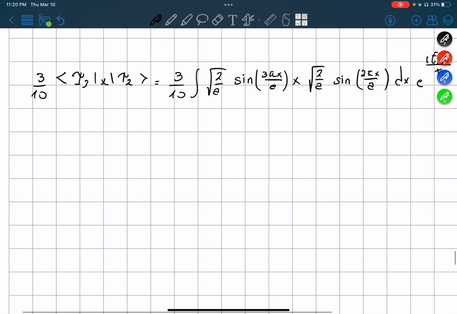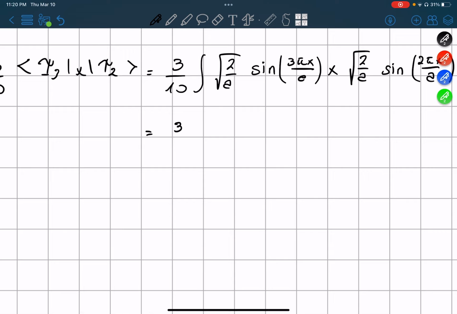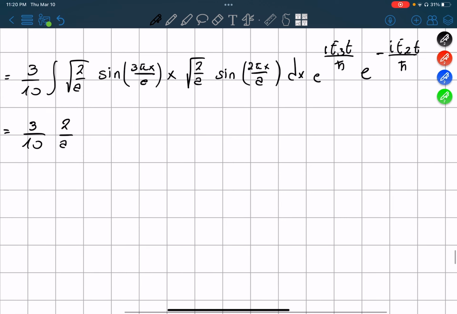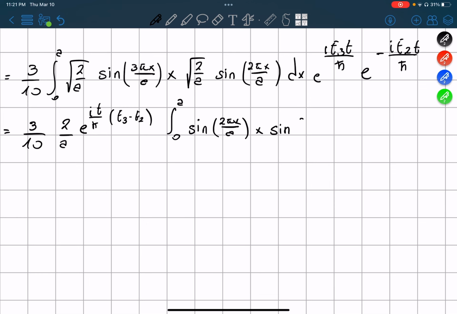So I'm going to take out all the constants. It's going to be 3 over 10 times 2 over a, and then e to the power of i t over h bar times e3 minus e2. Okay, and the integral, I'm going to rearrange it so you can see what I mean, from 0 to a, of course: sine of 2 pi x over a, x, sine of 3 pi x over a dx.